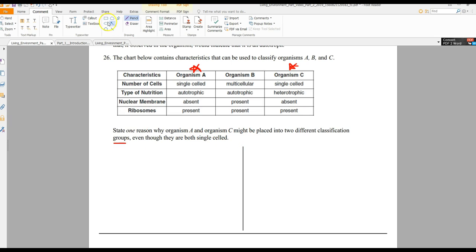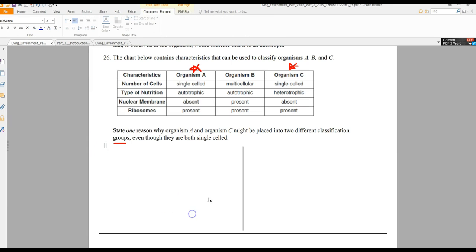Okay, let me get my text. So, organism A. Organism A is single-celled. Bullet point: it's an autotroph.